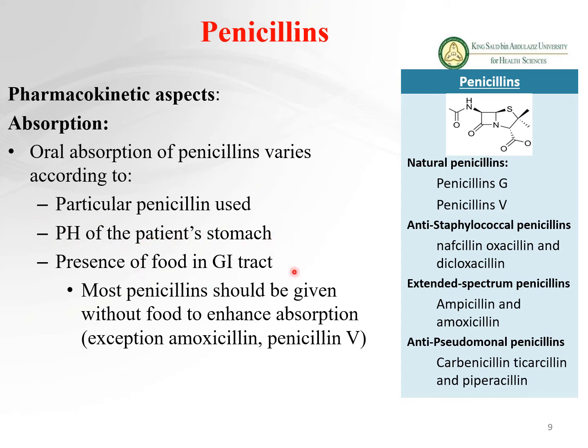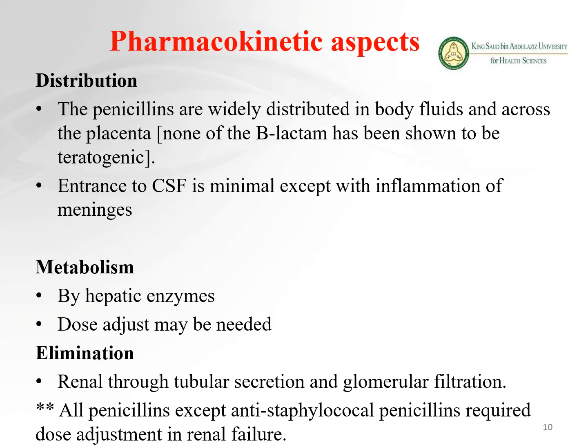If you take them with food, these drugs will stay longer in the stomach, and the gastric pH will destroy most of them. That's why most of these penicillins should be given without food to enhance absorption and decrease degradation in the stomach. The exceptions are amoxicillin and penicillin V.